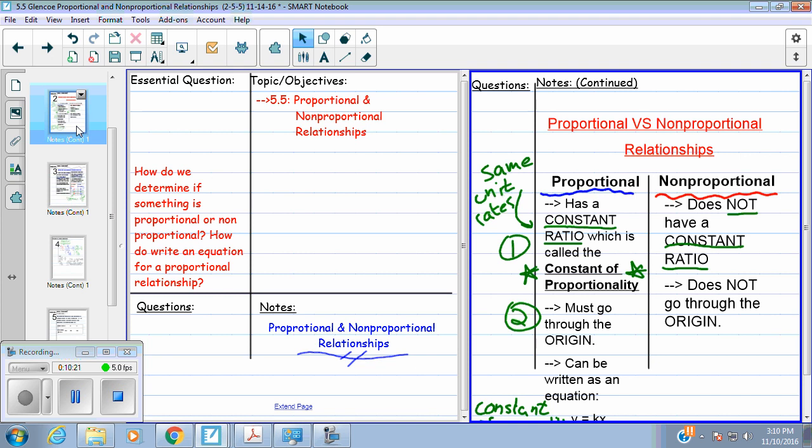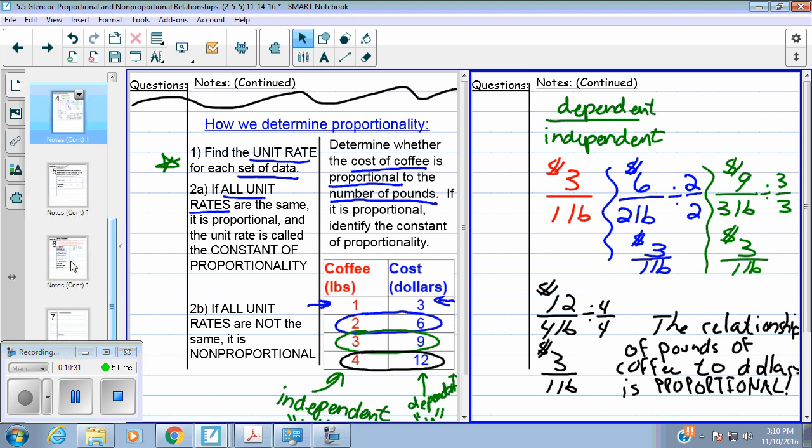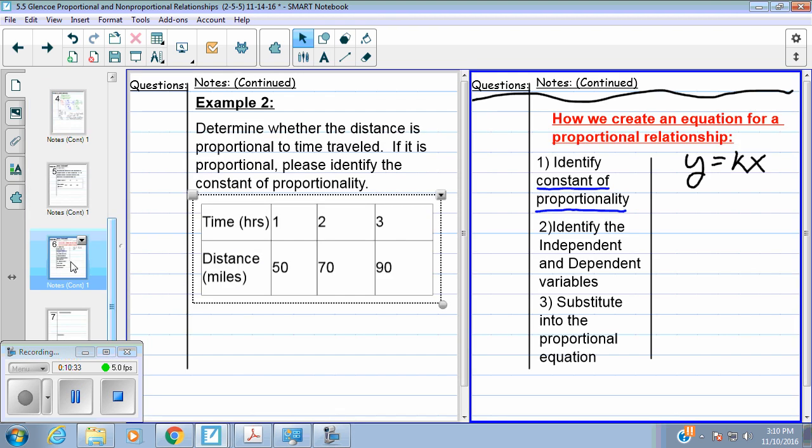So we already discovered that inside of this lesson here. The constant of proportionality is $3 per 1 pound. I know I'm jumping around here, so we're going to go back to our problem. So we actually found K. K in our first problem is equal to $3 per 1 pound.